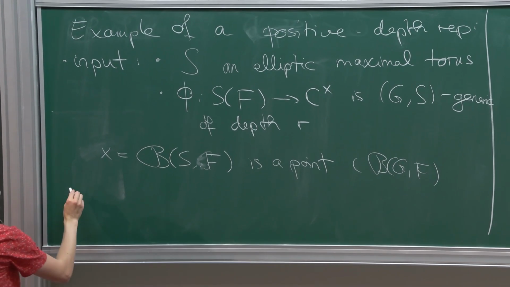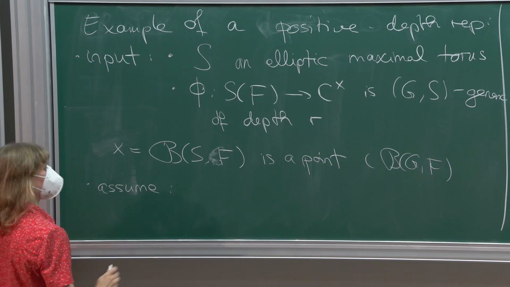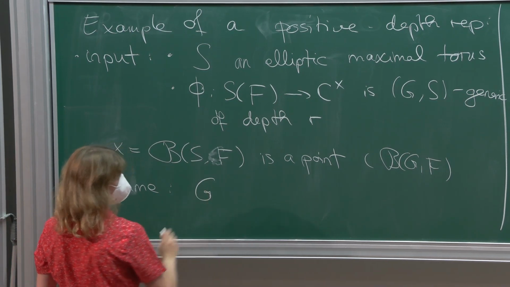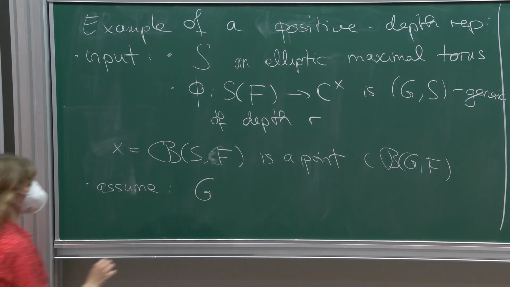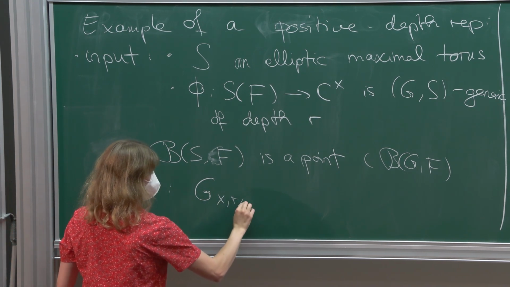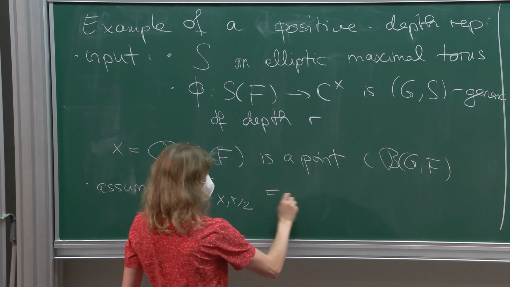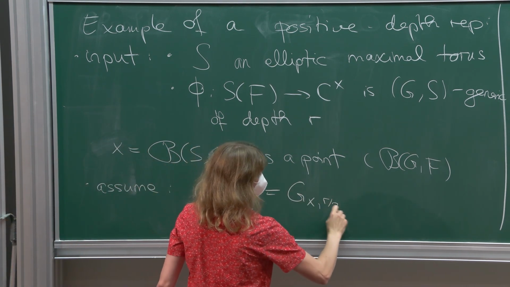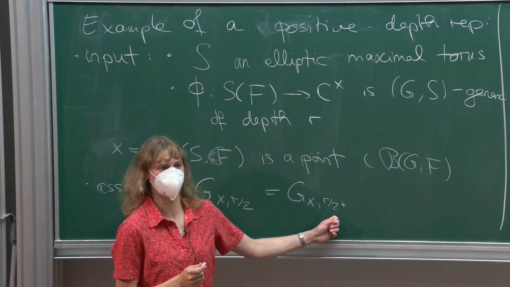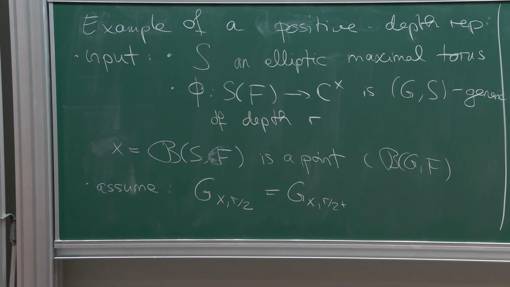Now I want to make an assumption to make my life easy. I want to assume the following: if I take my filtration subgroup of the group G at the point x of depth r over 2, where r is the depth of the character, I want this to be equal to the filtration subgroup of depth r over 2 plus. So I don't want there to be a jump. I want these two to be equal.